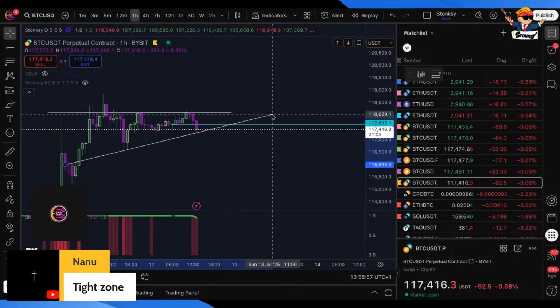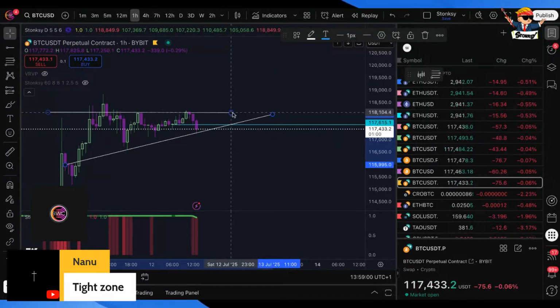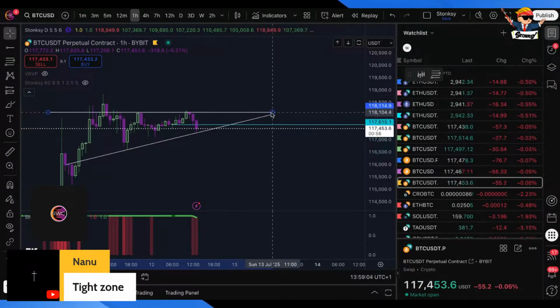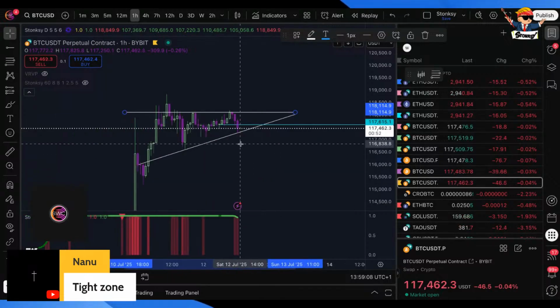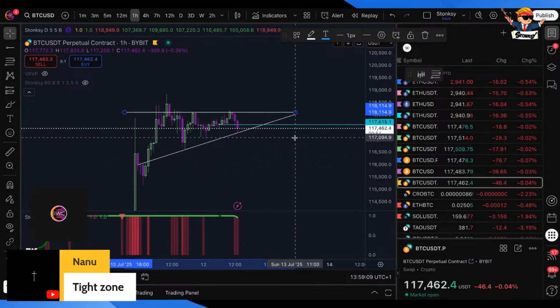To me, you can always find a way to draw them to suit whatever you're thinking. If that was the case, then we're looking at a breakout tomorrow, not today, which is quite feasible, isn't it?